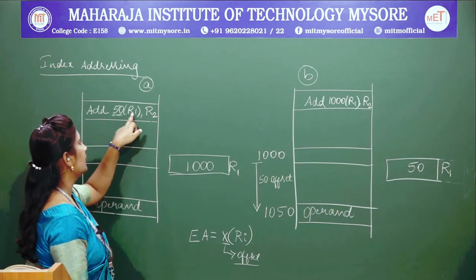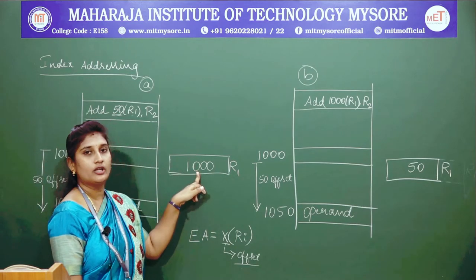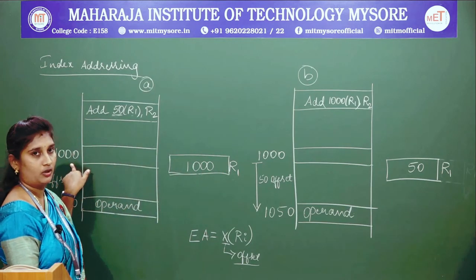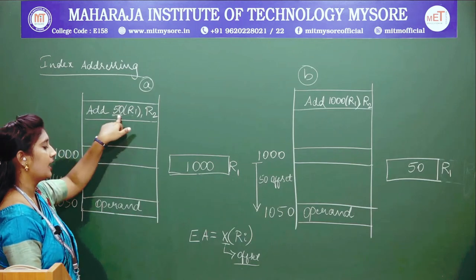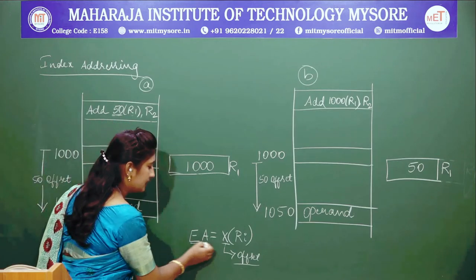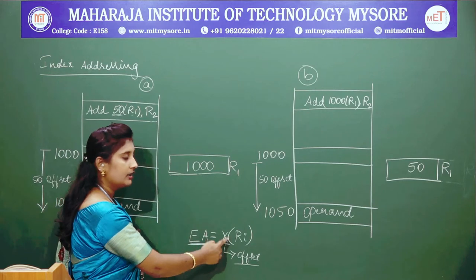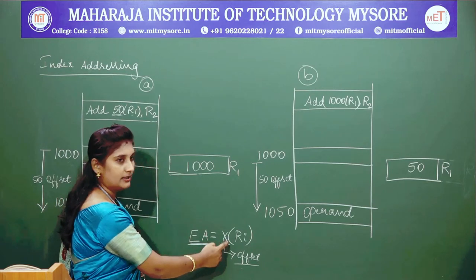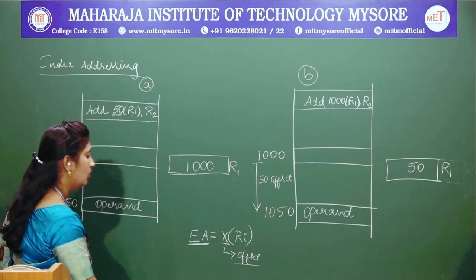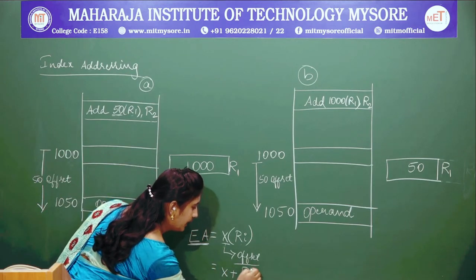So in the instruction 50(R1), what is there in R1? In R1 you have the memory address 1000. So I go to R1, the 1000 memory location, and from there I add the x constant value. Why? Because to calculate the effective address in index addressing mode, I need to sum the constant value, that is the offset, and the general purpose register. So I can also write this as x plus Ri.